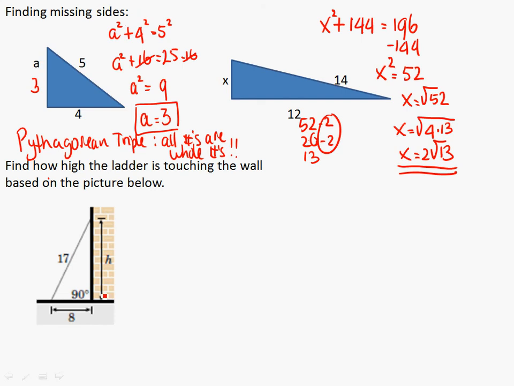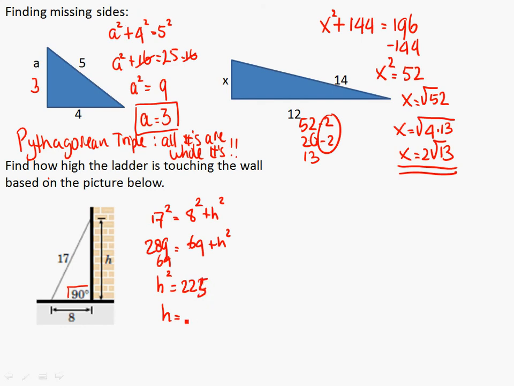How about the last problem? Well, it's important that they told us it was 90, so that we can do that 17 squared is equal to 8 squared plus h squared. Okay, so 17 squared is 289. And 8 squared is 64, so you subtract 64. So that's 225.